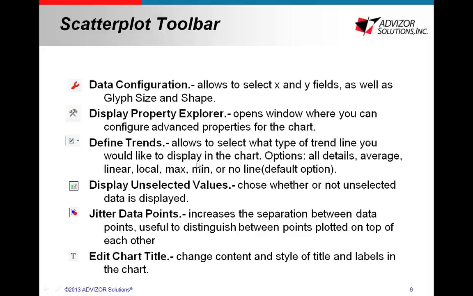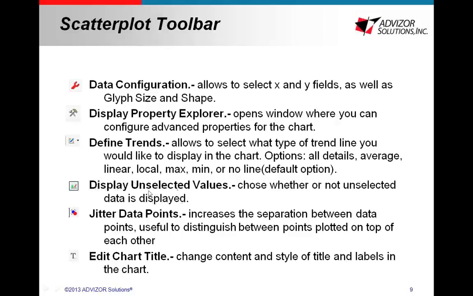This is going to bring a list with different options for trend lines. So, for example, on the staff performance management example that I showed, we had the linear option. But in some other cases, you may want to use other types of lines, and I'll show some of these in the demo.